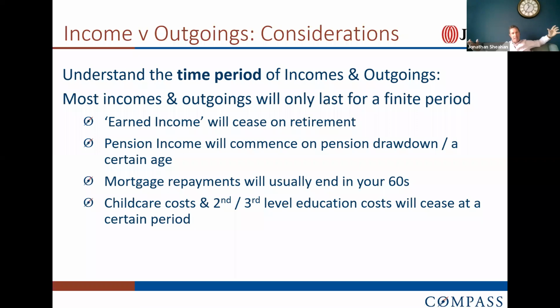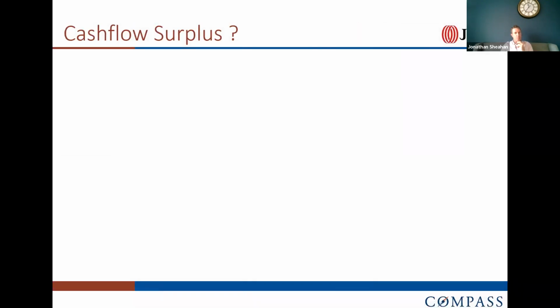So the education cost and just feeding and clothing the kids, all that's now gone. And our pensions are quite large because we've been putting in AVCs every year. So just remember the time period of all your incomes and liabilities. And there are lots more examples which should be specific to your own financial position.